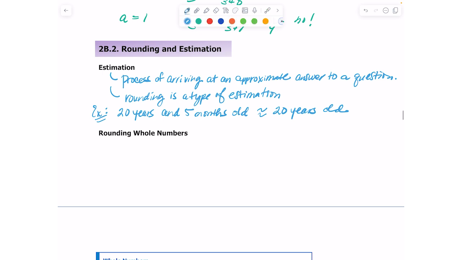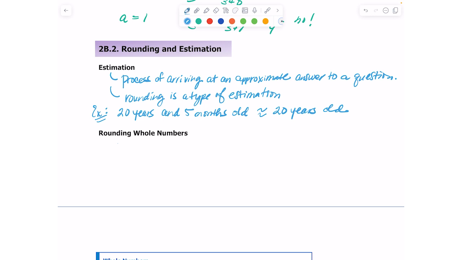A lot of times we need to round whole numbers for one reason or another. It's a very useful skill when we're trying to estimate. So what are whole numbers, first of all? Well, you have the counting numbers or natural numbers plus the number 0, okay?